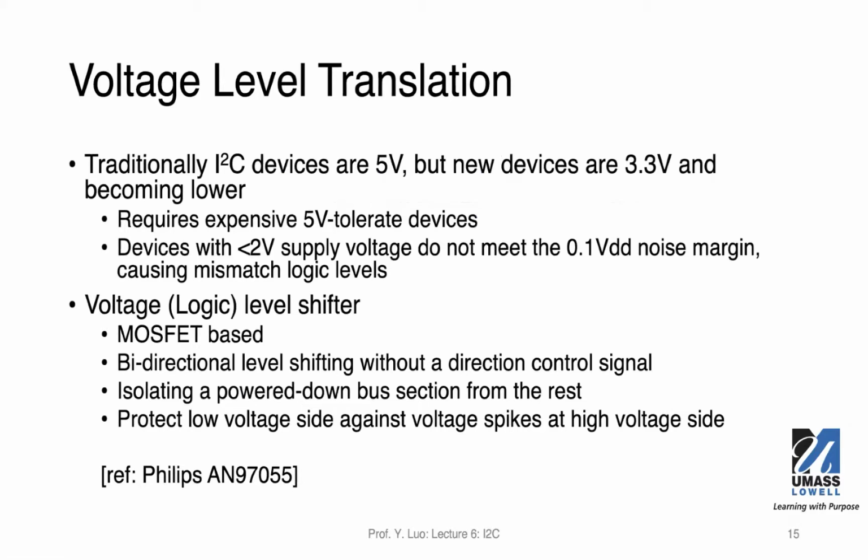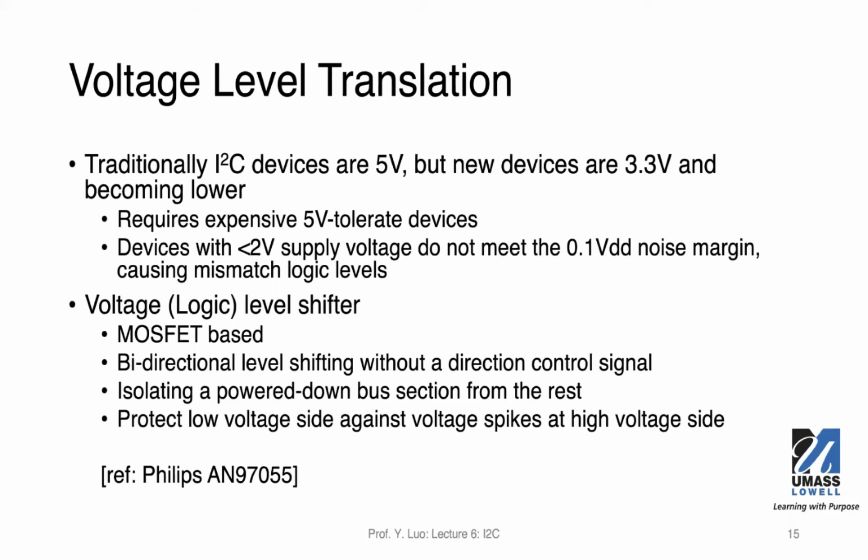Voltage level translation is important where you have I2C devices operating at different voltage levels. Traditionally, I2C devices are at 5 volts, but newer ones are at 3.3 volts and even becoming lower. So there are several possible solutions to deal with these devices operating at different levels.